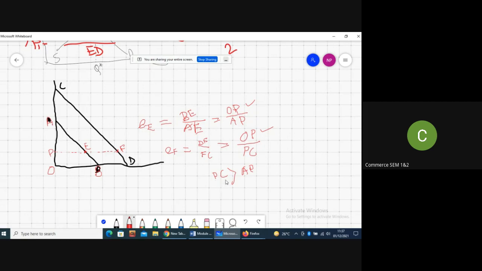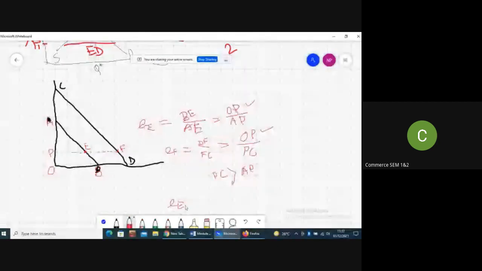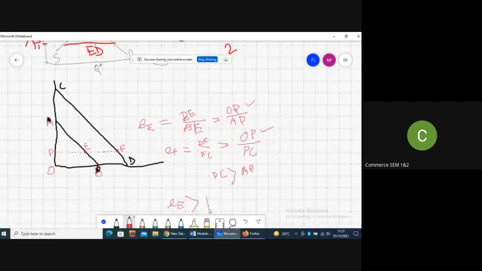So if you are dividing the same thing by a higher value, this term will be less than this. So we can write that elasticity at E will be higher than elasticity at point F. Right?